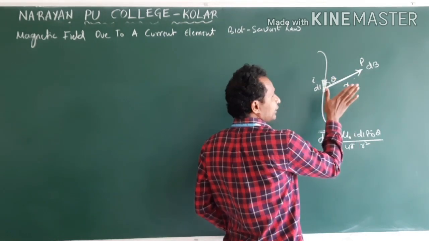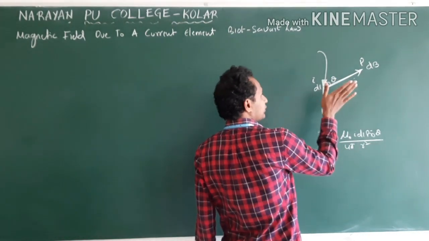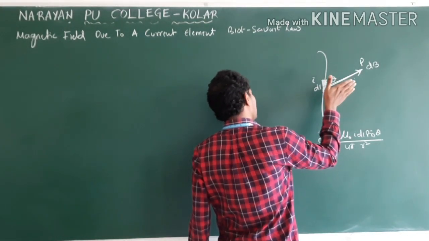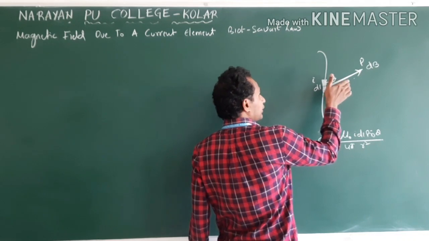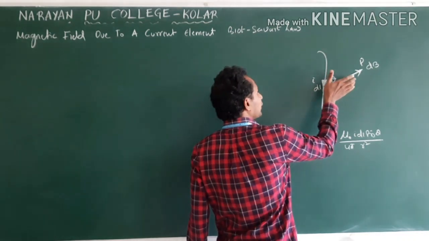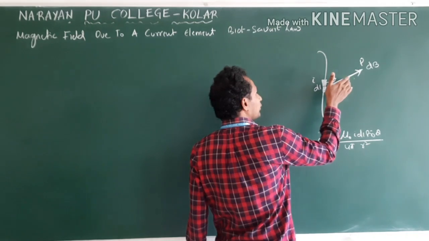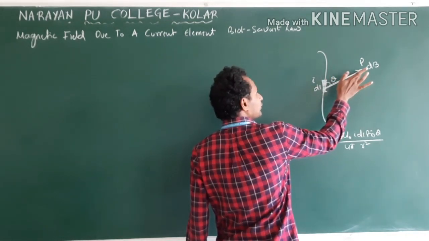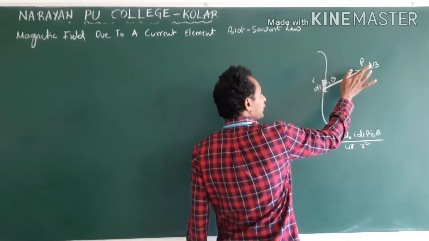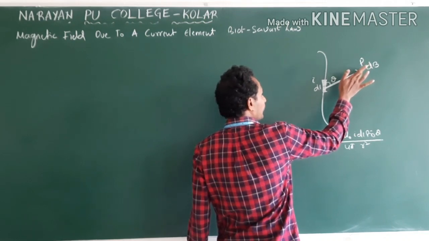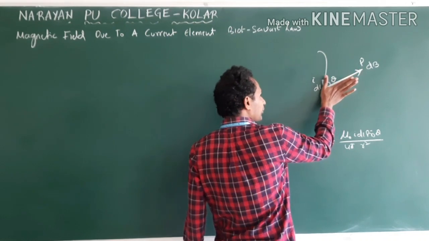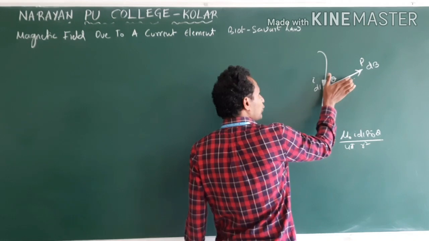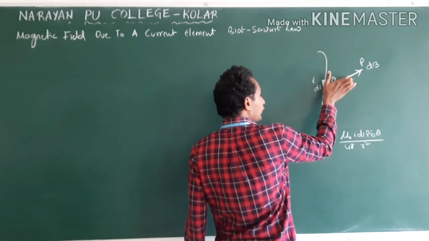See this direction, we will find using the right hand thumb rule. We keep the thumb in the direction of current and we curl the fingers to where the point is given. Clear? Now here we are finding the direction of the field at point P. So we keep the thumb in the current direction and curl the fingers at P. How the fingers curl at P we need to concentrate.